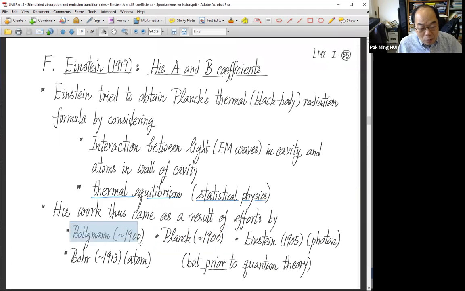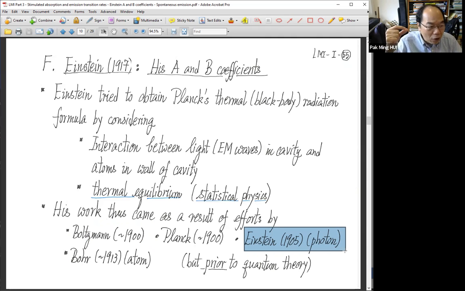And we have Boltzmann from 1880 to 1900 developing statistical physics together with Gibbs. And Einstein actually stepped in 1905, photoelectric effect. So he proposed that light is composed of a stream of quanta, and each unit of energy is h nu or h bar omega.